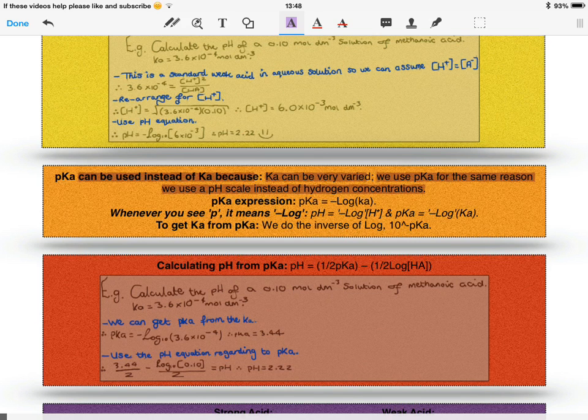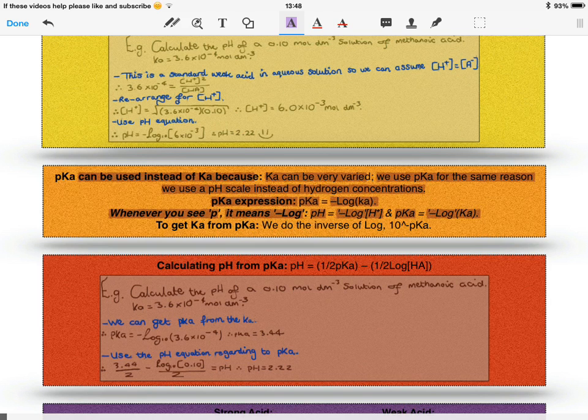So anyway, the pKa expression is pKa equals minus log Ka, and I just thought it'd be useful for your understanding to know this, but whenever you see a P, it means minus log, so pH is minus log hydrogen concentration, and pKa is minus log Ka, so hopefully you'll see why we keep writing minus log.